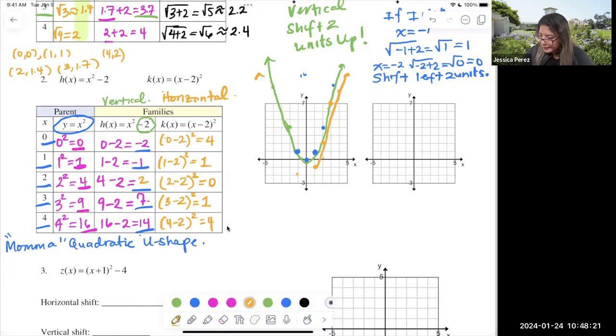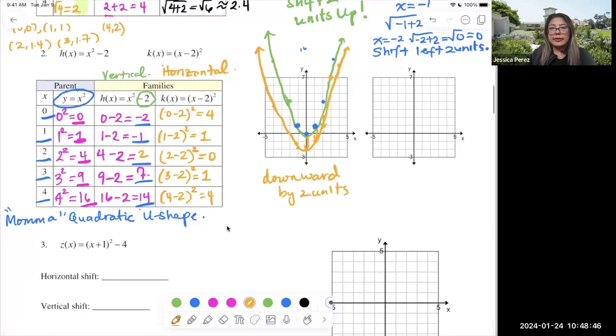That looks weird. Like that. So this one went down, a vertical shift downward by 2 units. So notice how this went down 2 units, down 2 units, down 2 units, like so.